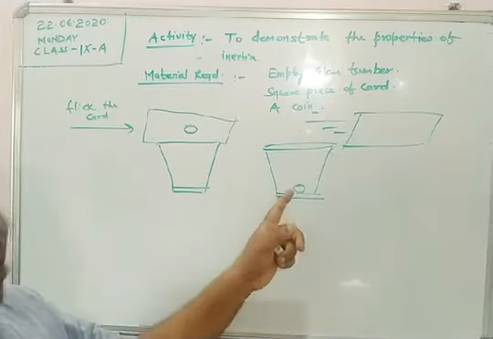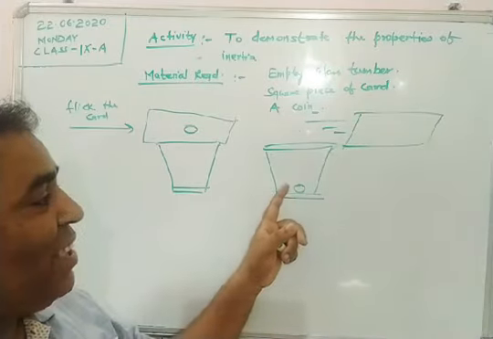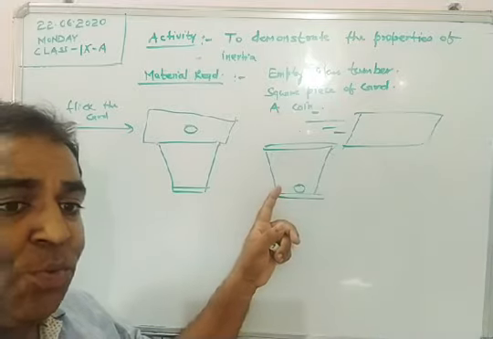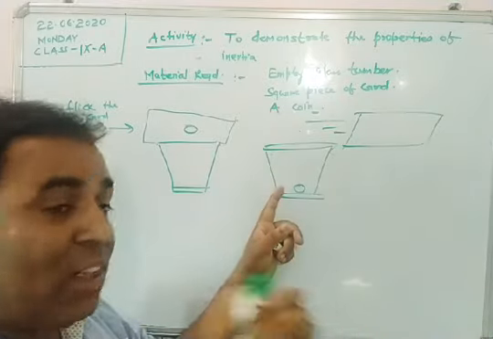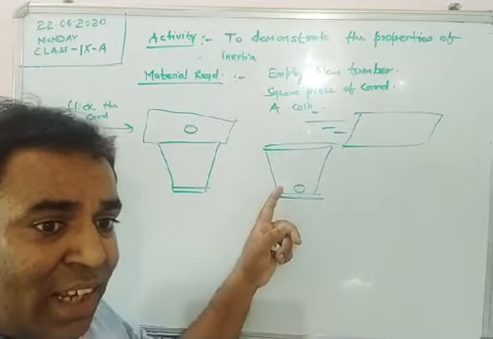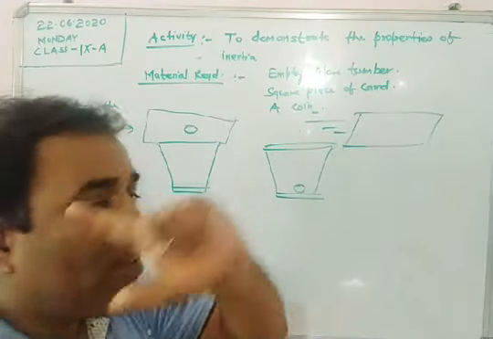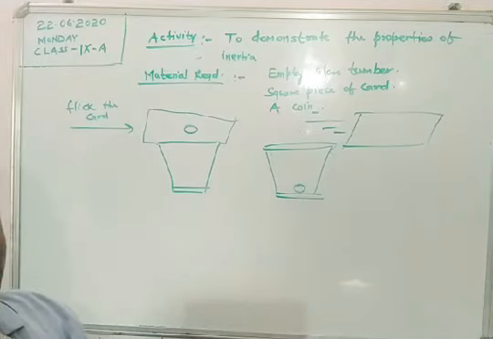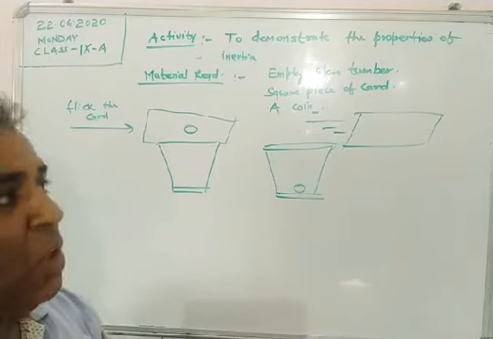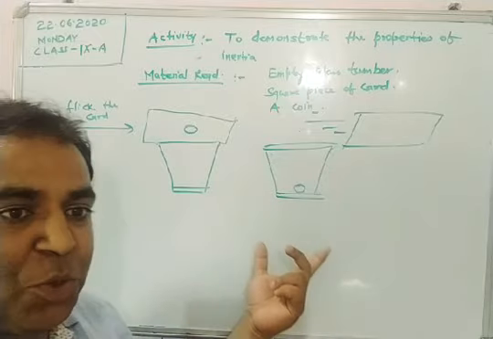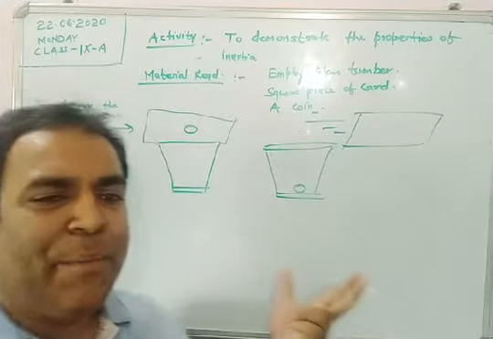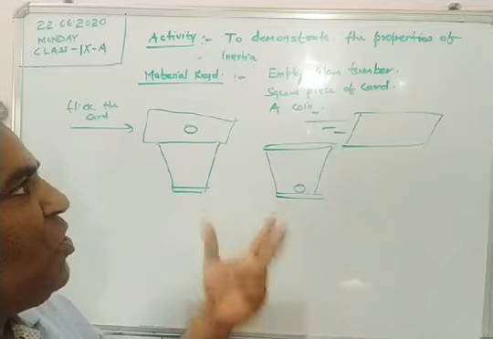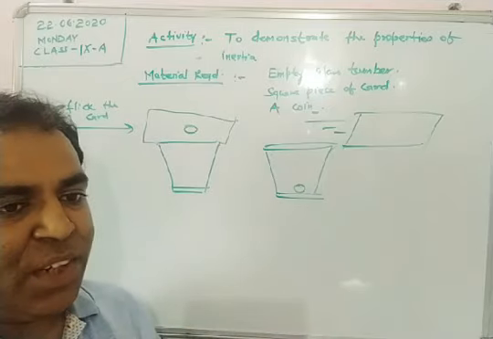The coin, however, remains at rest, due to the property of inertia of rest. As a result, the card flies away and the coin falls into the glass tumbler. I hope you have understood this very basic and very famous demonstration of the properties of inertia.